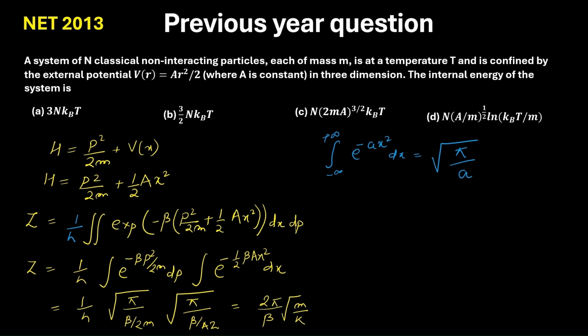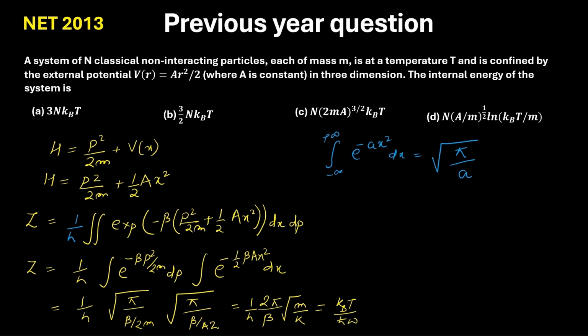Now in a classical oscillator, root over k by m can be written as omega. So one more h factor should be here. Yes. So this expression you can simplify as k beta t by h bar omega.